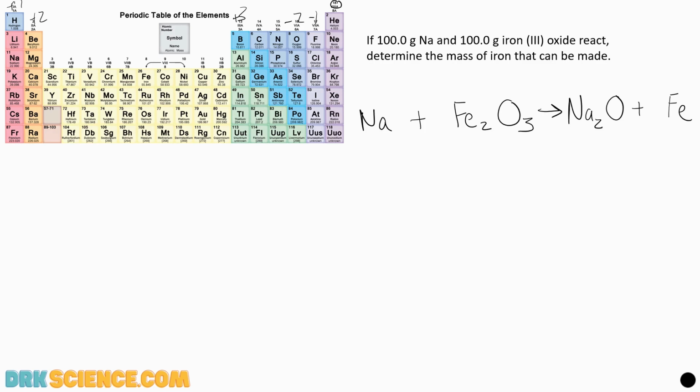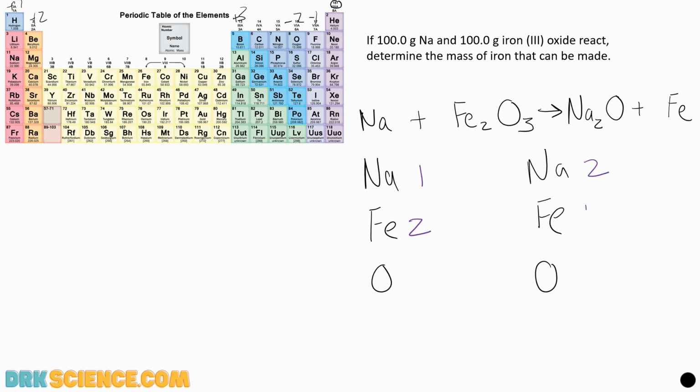Okay, we're going to balance this now. On each side, we have sodium, iron, and oxygen. Now we have 1 sodium and 2 sodiums, 2 iron and 1 iron, 3 oxygen and 1 oxygen. So let's balance our oxygens first. We're going to put a 3 here, and that's going to give us 6 sodiums and 3 oxygens.